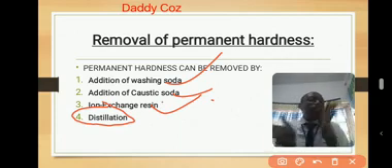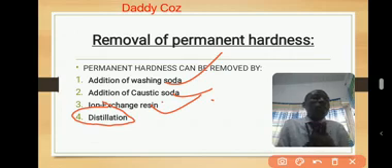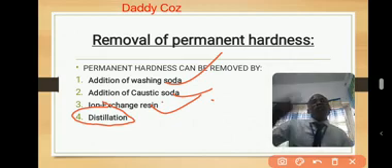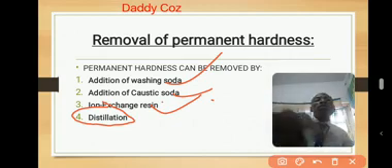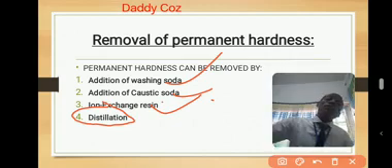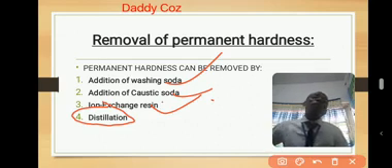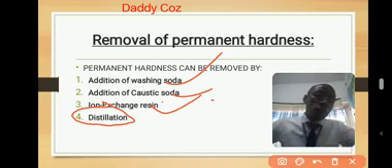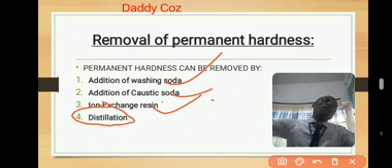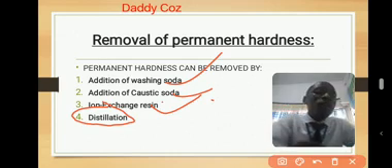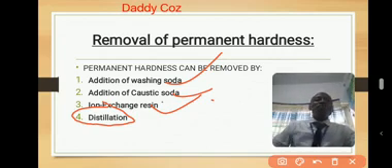Total hardness is the combination of permanent and temporary hardness. But the two methods for temporary hardness, like boiling, only work for temporary hardness.